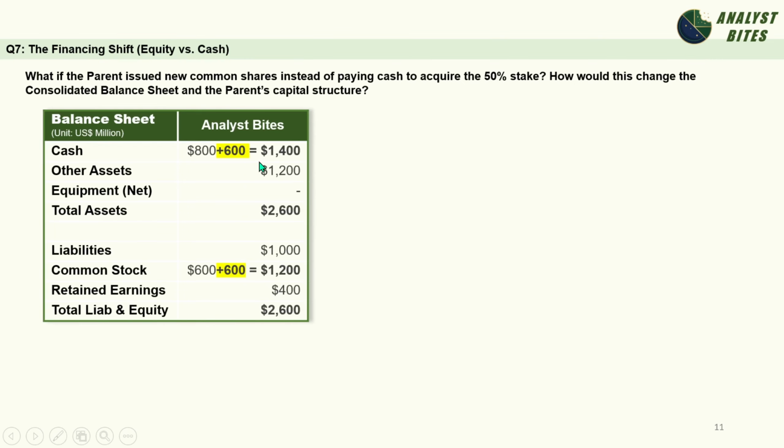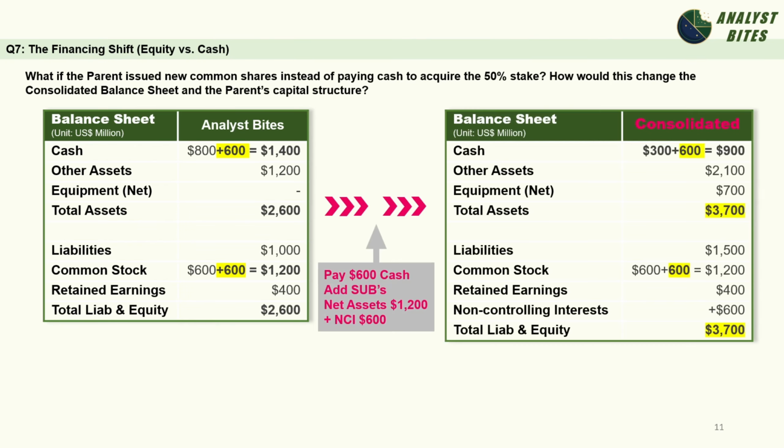On the balance sheet, cash goes up, and common stock also increases by 600 million. Everything balances. Step 2. The parent then uses that 600 million in cash to buy the subsidiaries' shares. From here, the consolidation process is exactly the same as what we just discussed.